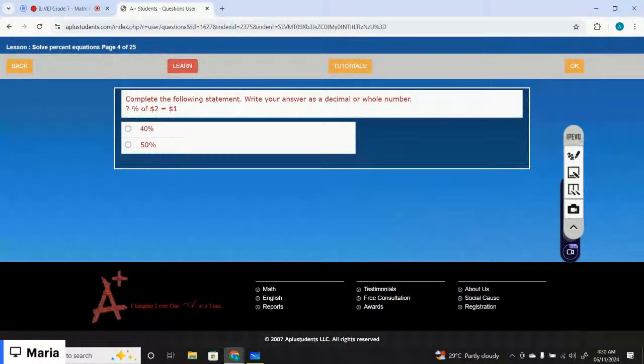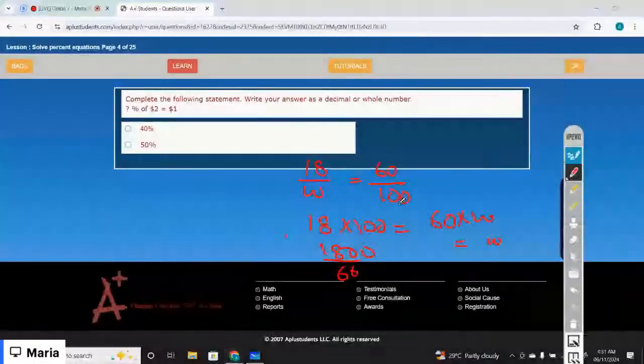Complete the following statement. What percent of 2 is 1? So 1 is the part, 2 is the whole number.